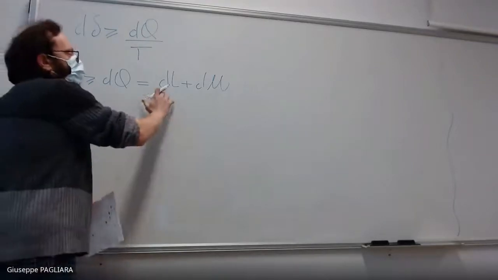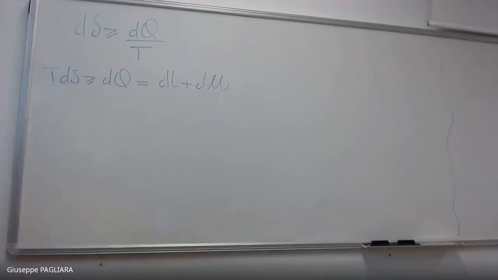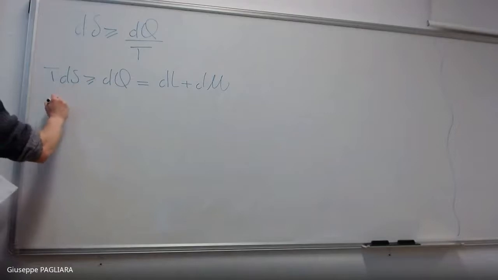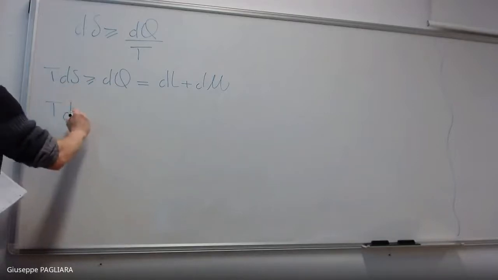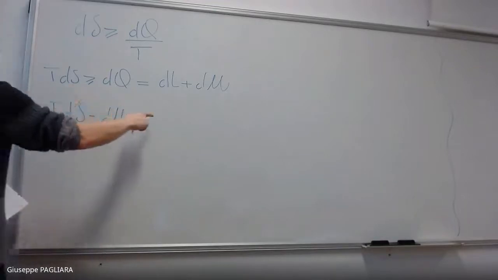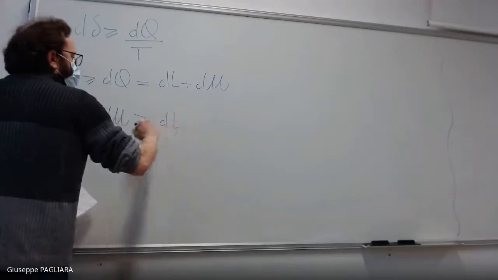So dL is more general, as I said last time. dL can be PdV in the case of a reversible transformation, but let's be more general. From this inequality, I see that TdS minus dU is larger or equal than dL.